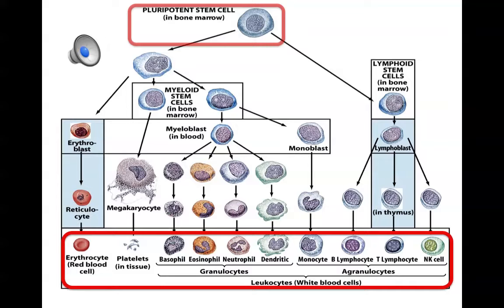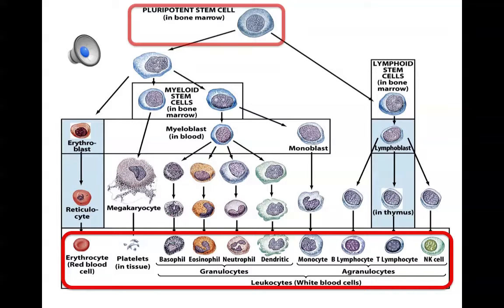These chemical signals essentially help to regulate or change genes inside of the stem cell to begin the transformation into either erythrocytes, which are red blood cells, platelets, which are fragments of cytoplasmic membrane and cytoplasm from megakaryocytes in the bone marrow, or various types of granulocytes produced in bone marrow, such as basophils, eosinophils, neutrophils.